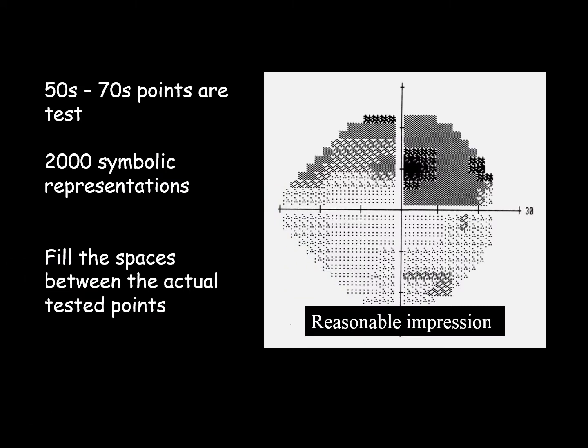Actually, we test 50-something or 70-something points, and the software uses 2000 symbols to print out such a grayscale. This grayscale gives us an impression, but not a real thing to depend on.